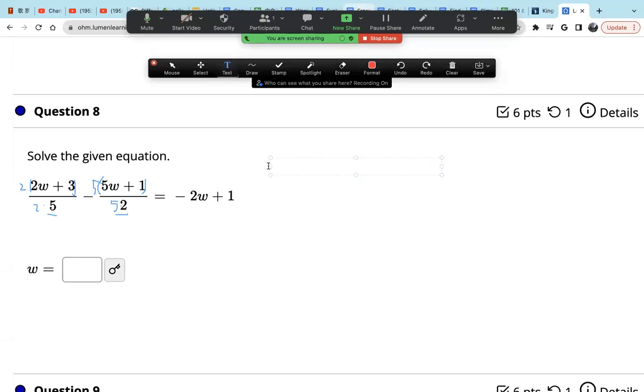Then we have 2 times (2w plus 3) minus 5 times (5w plus 1), all divided by 2 times 5, which is 10, equals negative 2w plus 1.